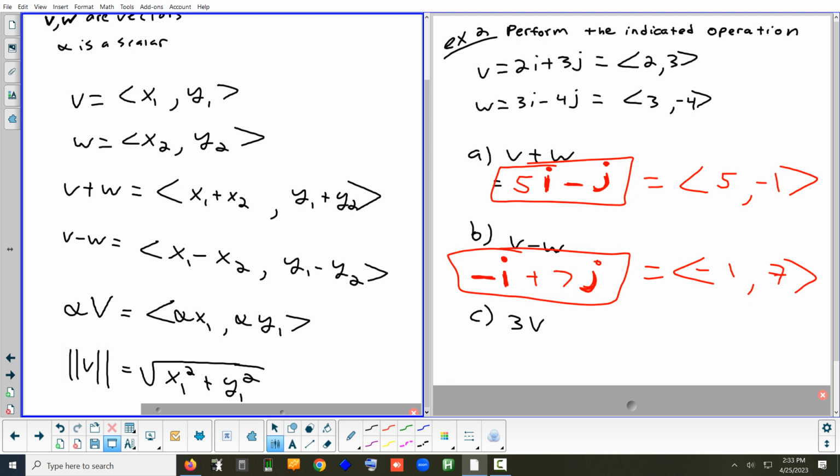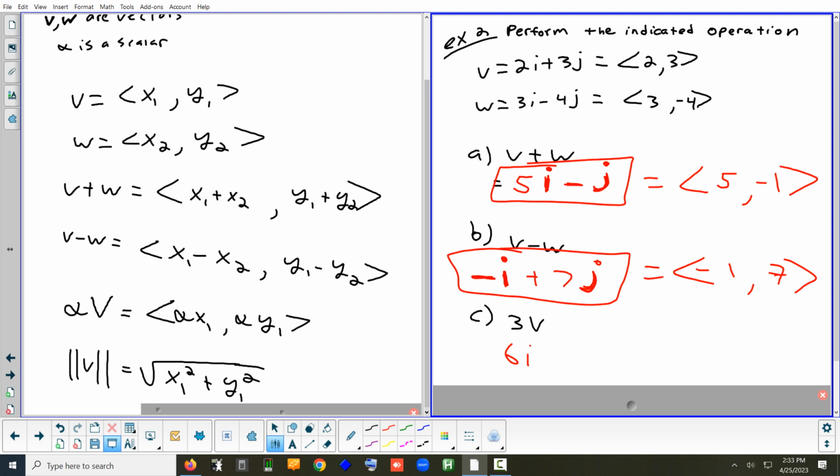So for 3v, what would be my horizontal component? 6i. Yep. And what about the vertical component? 9j. So you triple each component, and that triples the length of the whole thing.